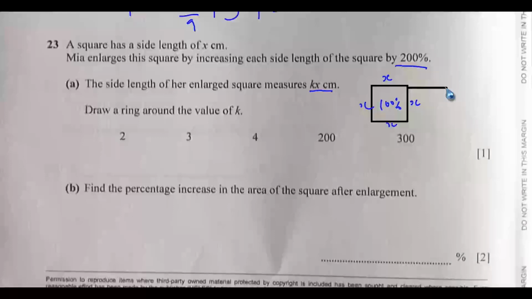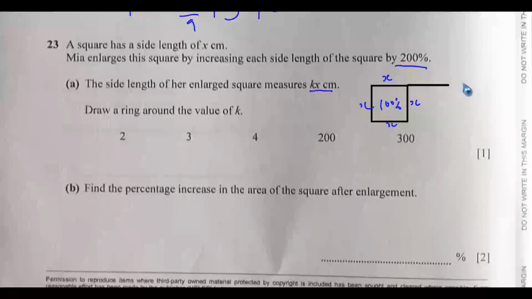So let's repeat that. If it is increased by 100%, you have something like this. So this will be x.